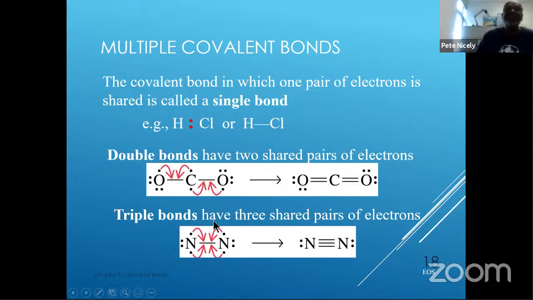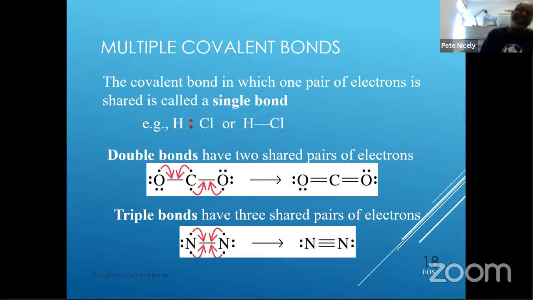However, in some molecules, such as in the case of carbon dioxide, you'll notice that, for example, between this carbon and this oxygen, you have two lines, which means that you have two pairs of electrons being shared between them, right? So according to the terminology that we're using now, we call this a double bond, right? A double bond is basically two pairs of electrons being shared between two atoms, right?